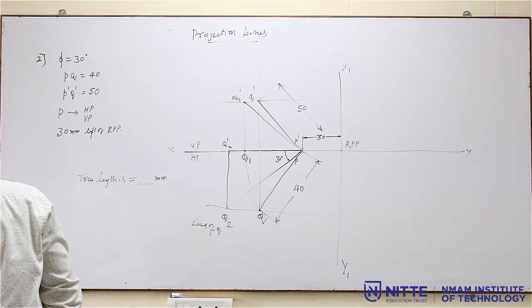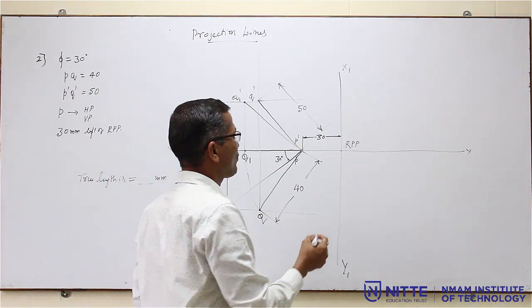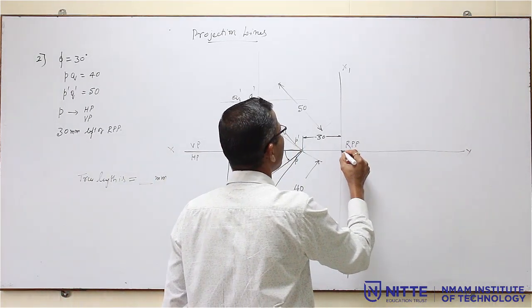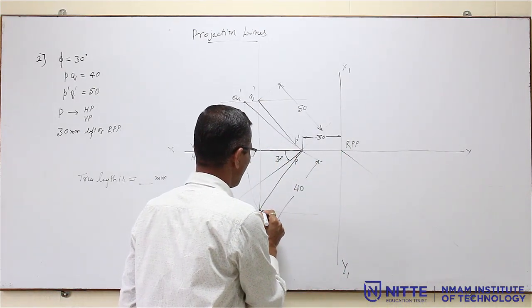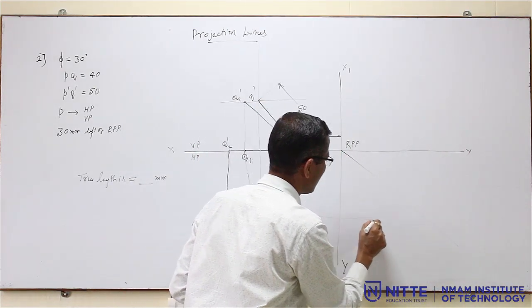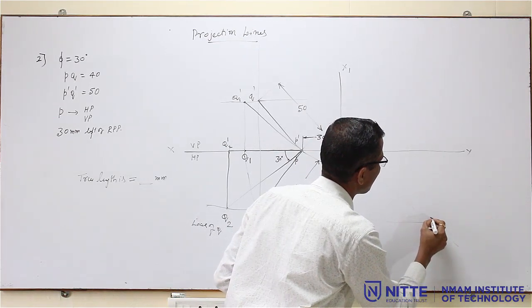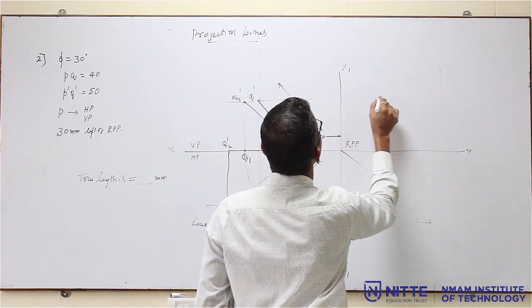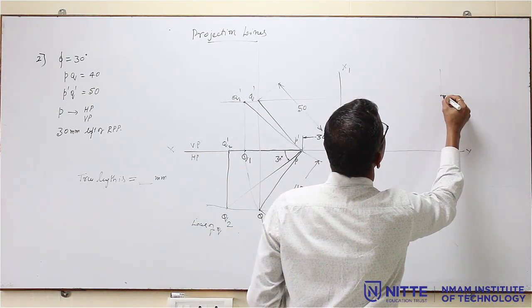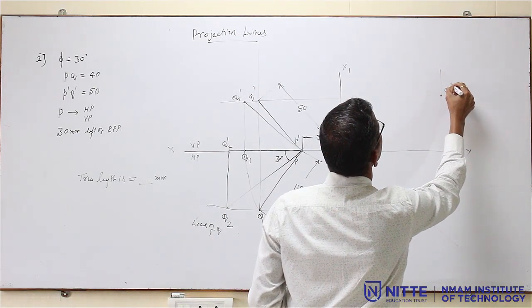Then also they asked to draw the profile view. So for that, draw a 45 degree line. Project the top view, that is Q is here, project it up, Q dash is here in this line. Now this point becomes Q double dash.